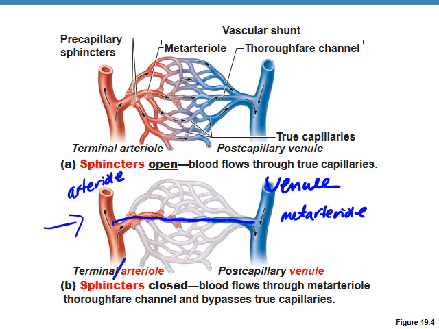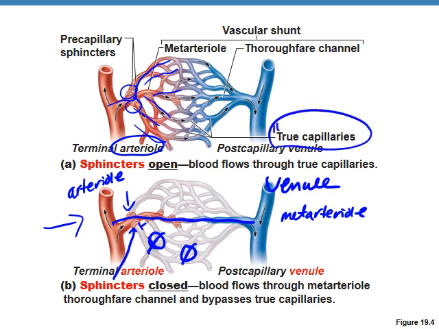So here, these are the sphincters, and the sphincters are closed, and so they're stopping blood from flowing into the entire capillary bed. This up here, we can see that the arteriole, the sphincters are open, and the arteriole is flowing or pushing the blood into the entire capillary bed.